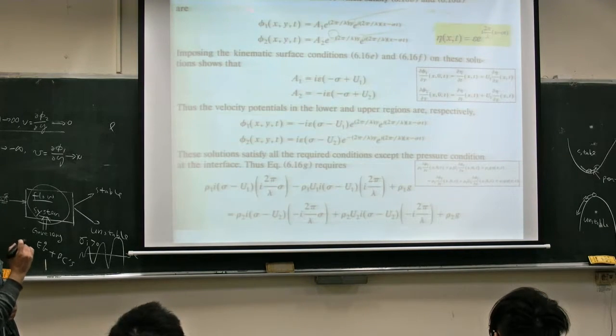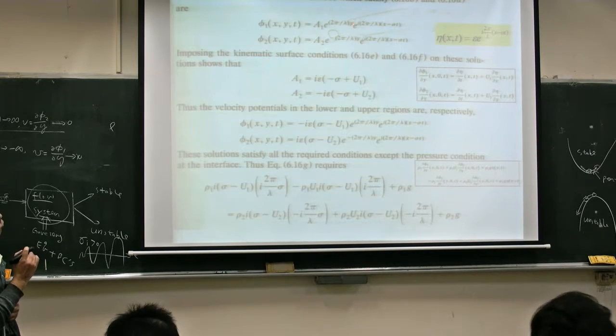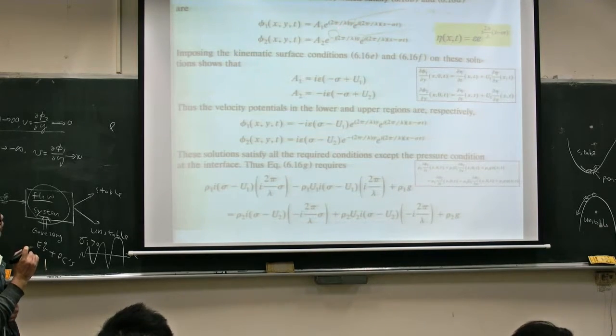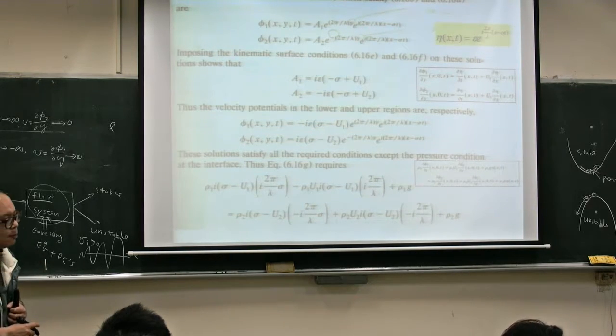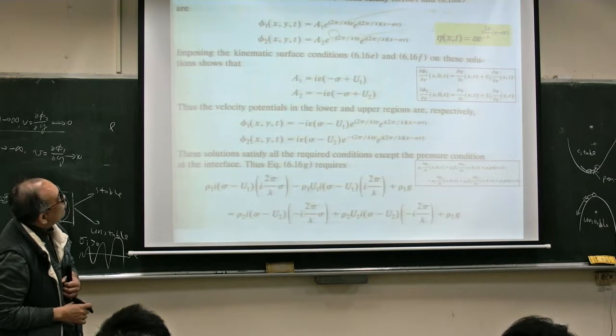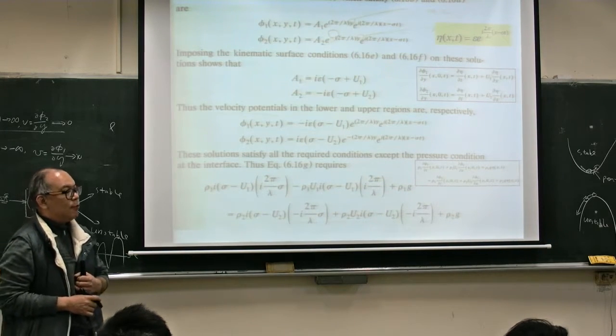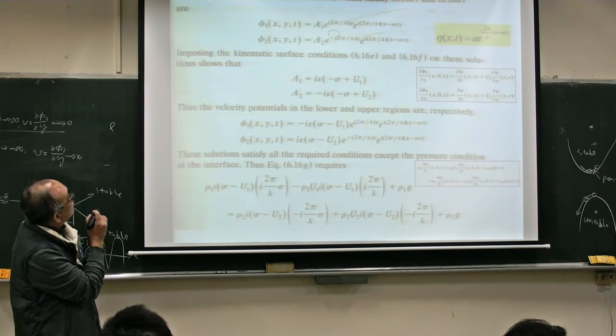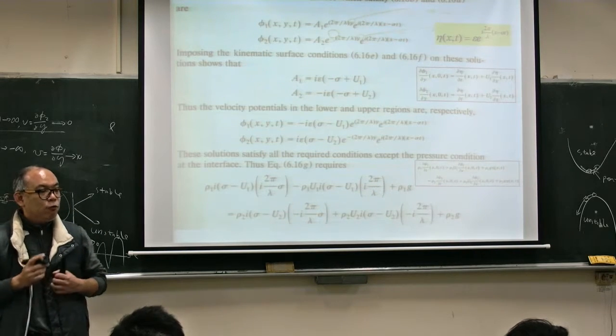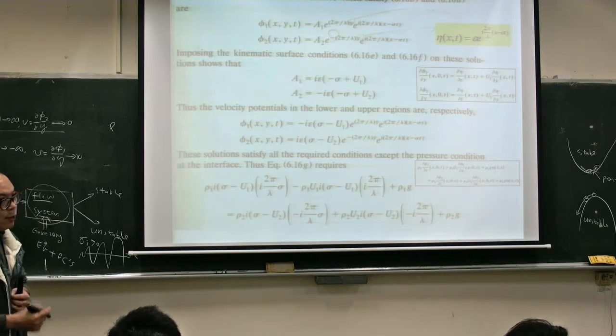This is the solution form. It should be equal to, in y direction, we have exponential y here. And then in x direction we have the sine cosine function, that becomes exponential i 2 pi over lambda x minus sigma t here. So that's from the textbook, giving you the solution form. Should look like this.